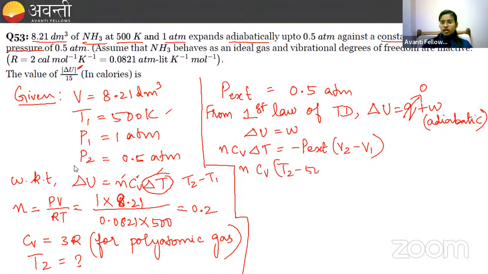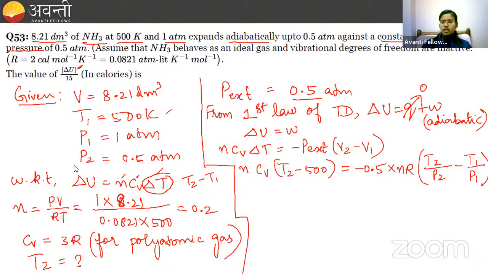T1 is 500, which is equal to minus external pressure, given as 0.5. And in place of V, we can substitute nRT by P. So I can take nR out because it is common. And I am left with T2 by P2 minus T1 by P1. Okay, so in place of V, from the ideal gas equation, PV is equal to nRT, we can substitute.